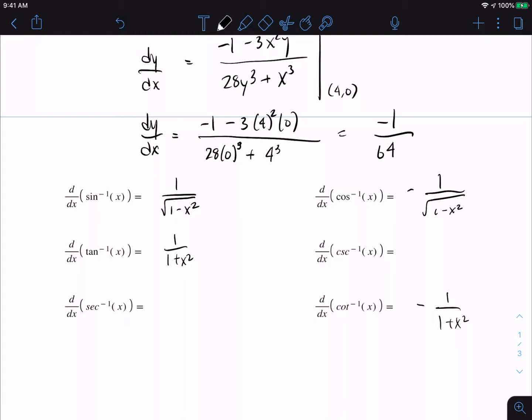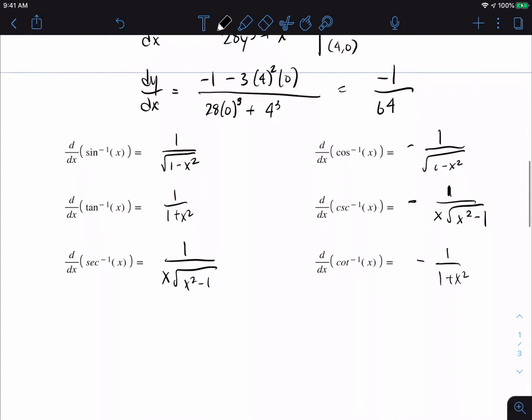And then the secant and cosecant. Secant is positive, and cosecant is negative. So all the cos again will be the negative ones. All right, and those are just for you to work on and memorize.